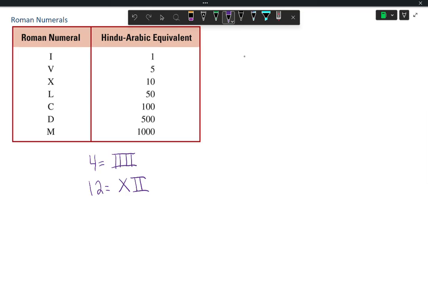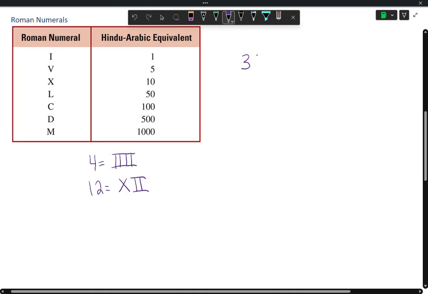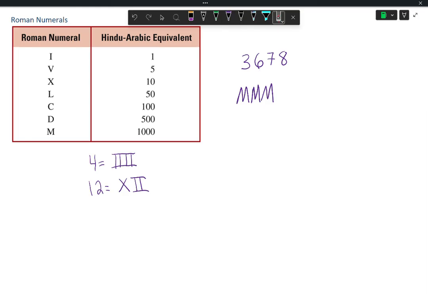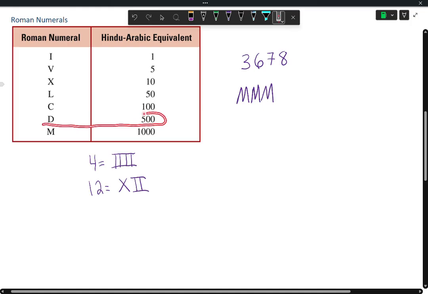If I wanted to do 3,678, well, I'd use 3 M's for the 3,000. For the 6, since it's more than 5 of the place value, I need to use the 5 of the place value symbol.